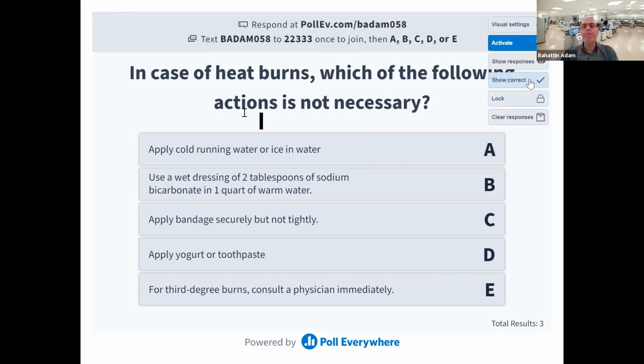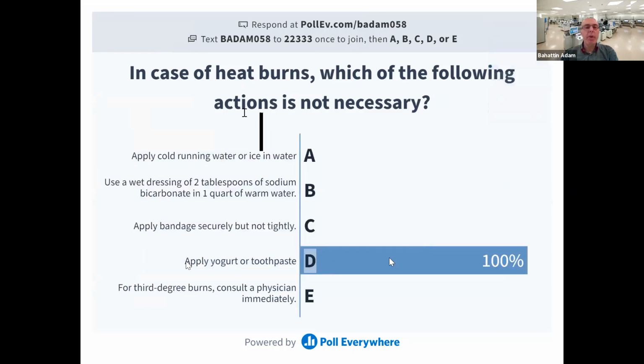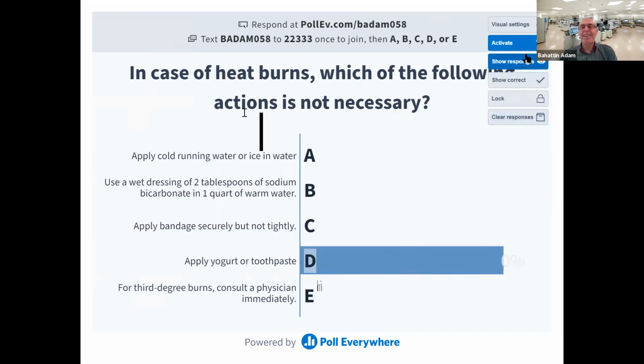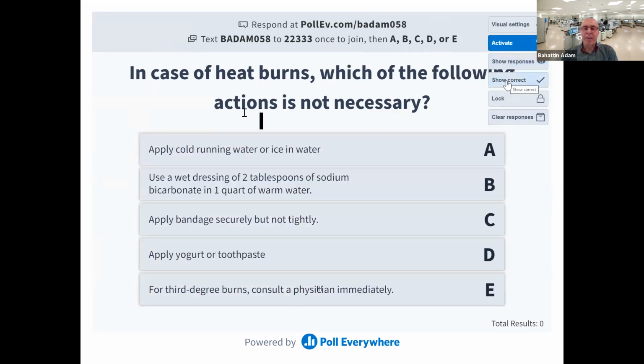Okay, let's see. D is the correct answer: apply yogurt or toothpaste. It is an old-fashioned application, right? Don't do that.